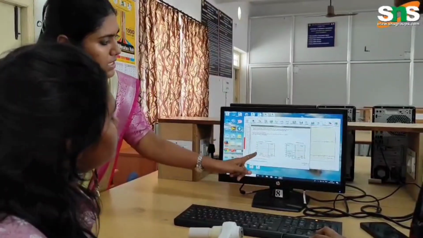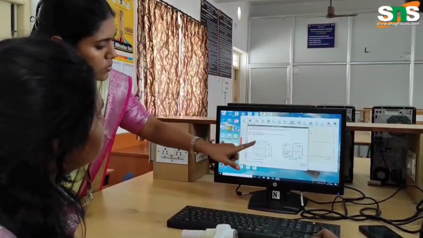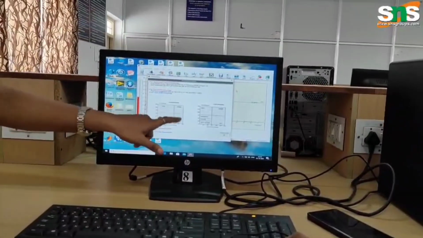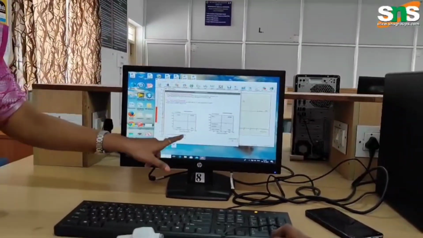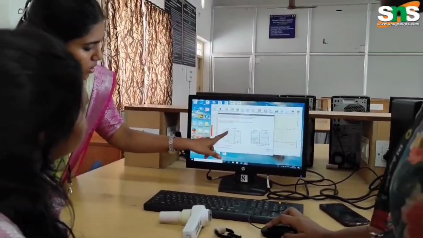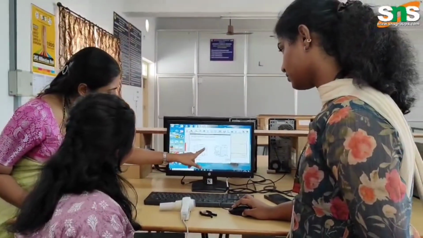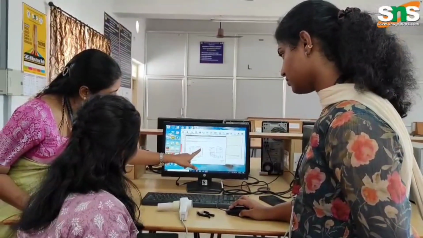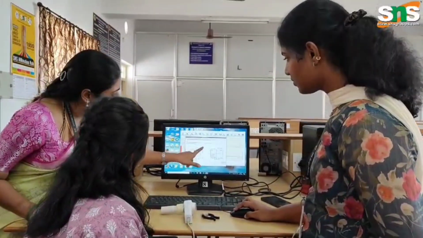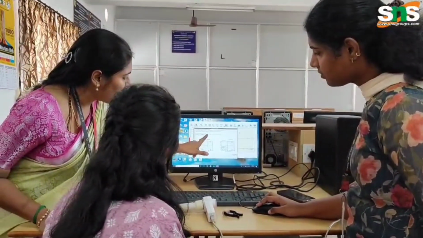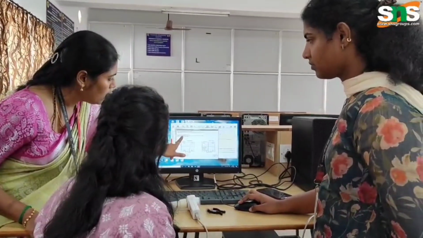After taking the test, if you click the interpret option, you can easily see what type of disorder the patient has. In this matrix you have the obstructive type, mixed type and restrictive type disorder, and if the person is normal, you can see the normal case here. This is the formula, FEV1 divided by FVC, used to identify whether the person has COPD or not.